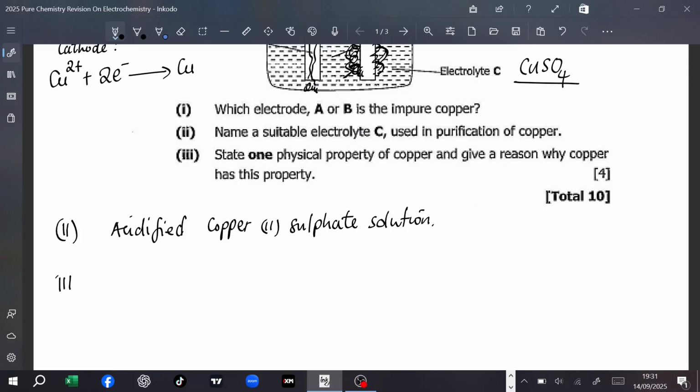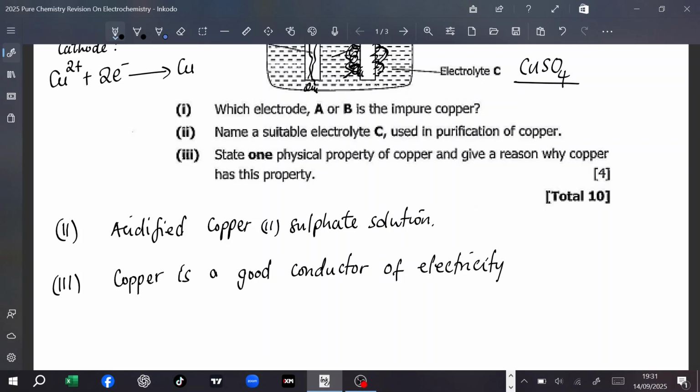One physical property of copper is that it is a good conductor of electricity, because it has delocalized electrons which carry charge.